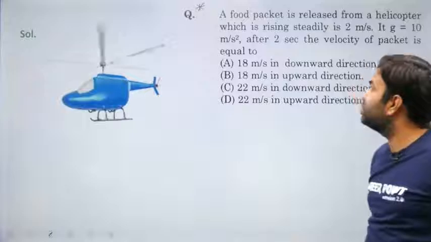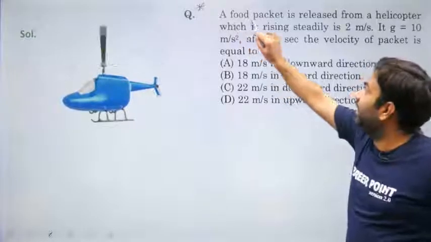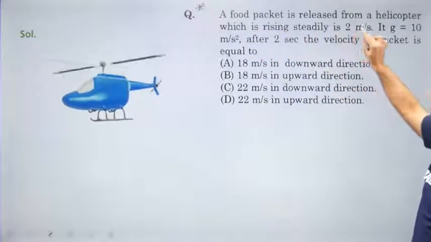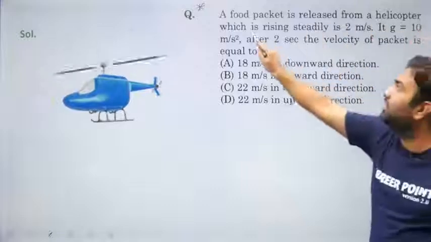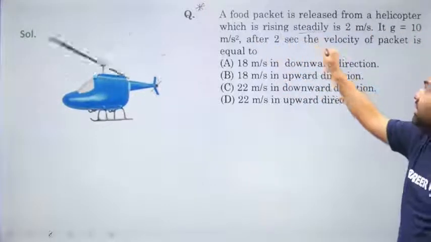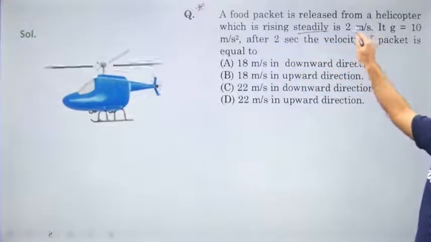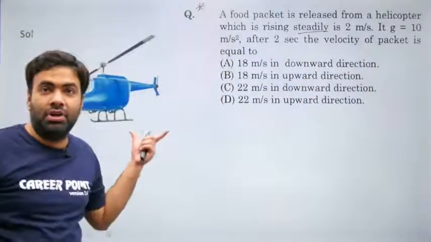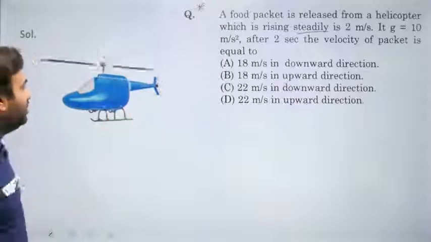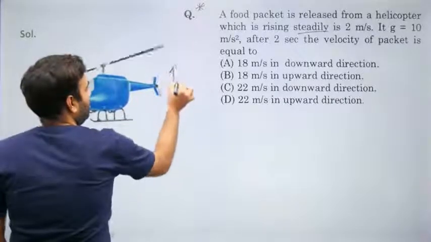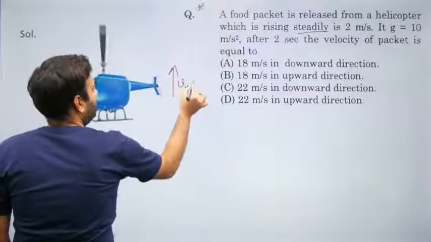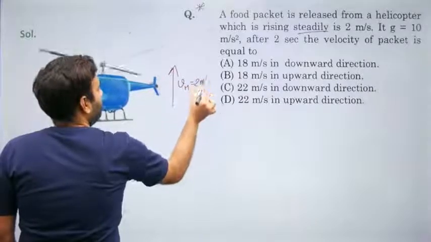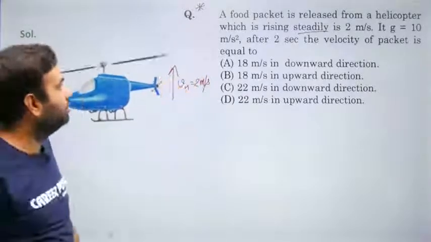See, the question says a food packet is released from a helicopter which is rising steadily at 2 meters per second. That means this helicopter is moving in the upward direction. This is the velocity of the helicopter, which is 2 meters per second.